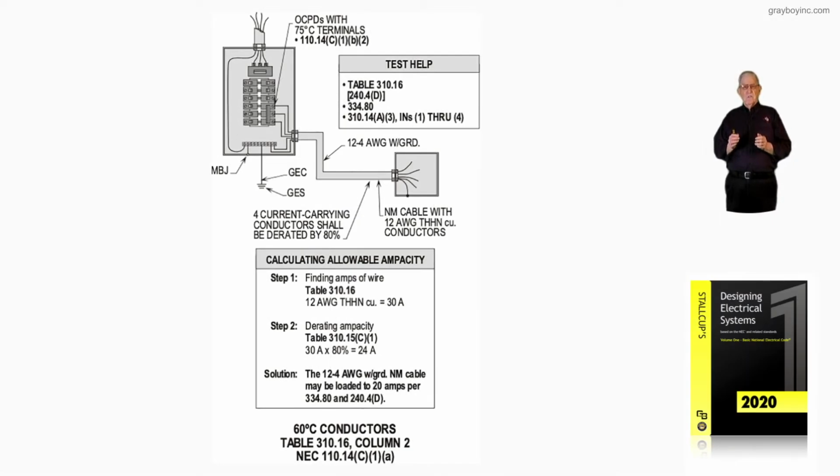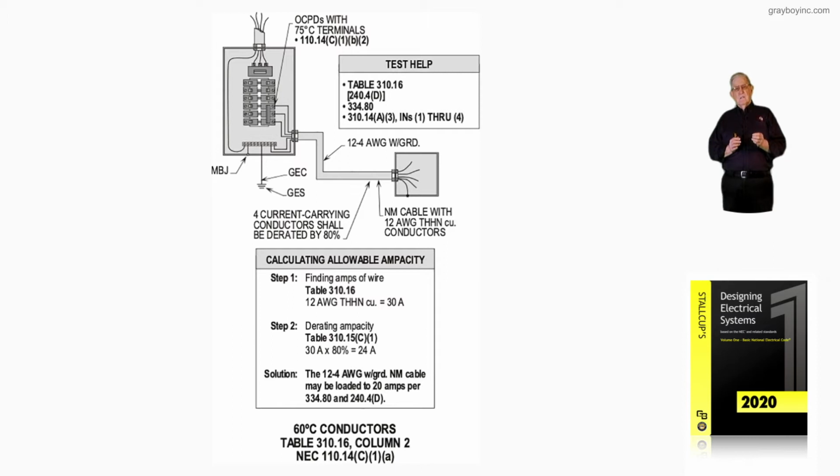Now this illustration deals with 60°C conductors and terminations. The 60°C conductors can be found in Table 310.16, Column 2. The 100 amp or less overcurrent device ratings for 60°C terminals is 110.14(C)(1)(a).